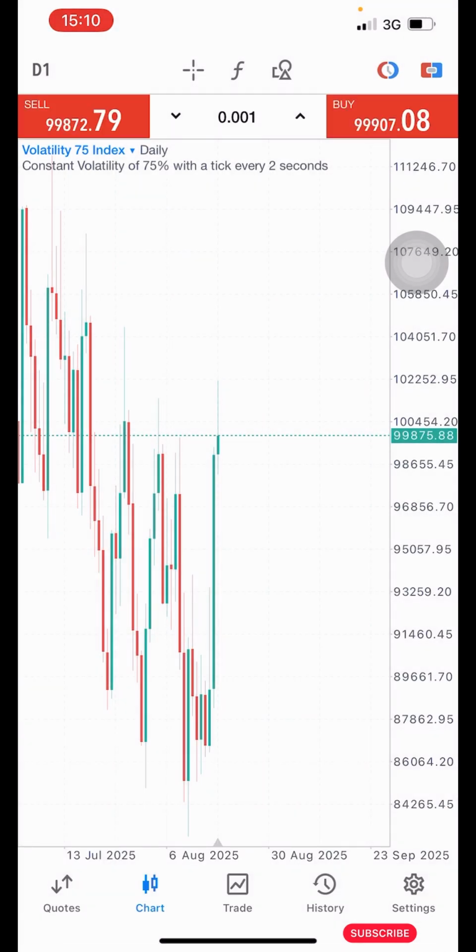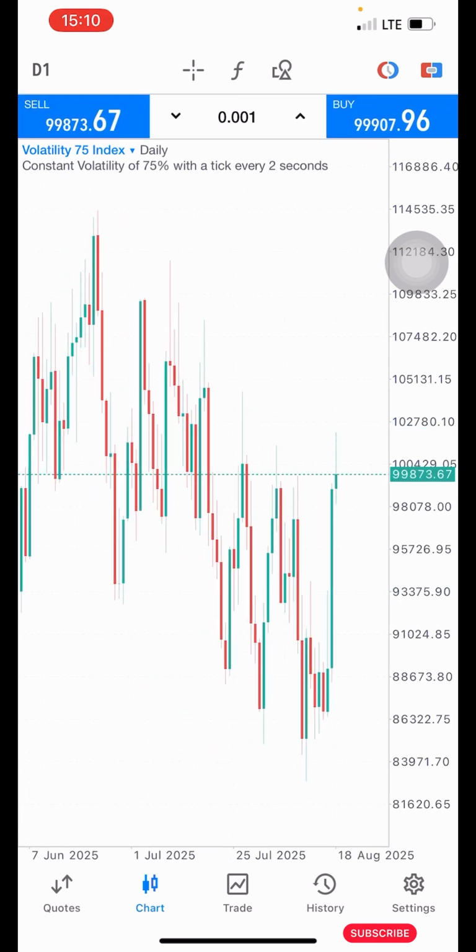Here on the daily time frame, I want to try as much as possible to identify the market direction, the trend of the market. Here you can see that the market is kind of messy, but there's a way you can simplify everything for yourself, in order not to be too carried away by the market movement.